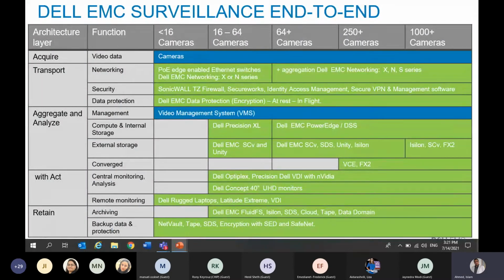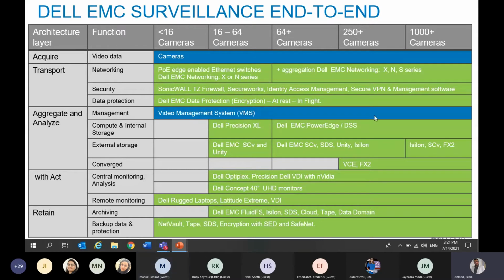This slide is giving you an idea how Dell EMC can provide an end-to-end solution. As you can see on the top, different numbers of cameras refer to different project sizes, starting from a very small project of 16 cameras or less to a huge project with 1,000 cameras or more.